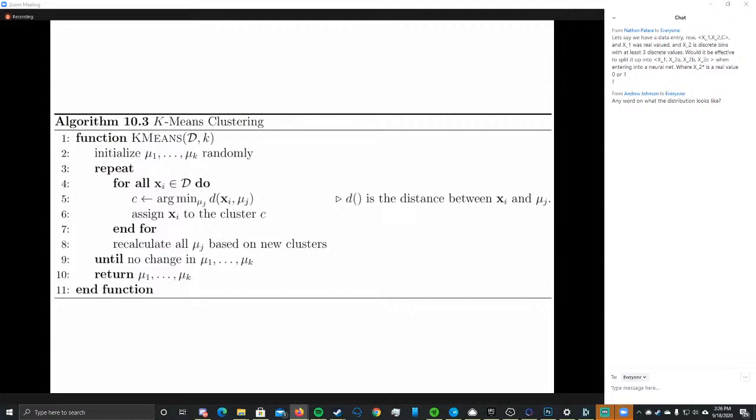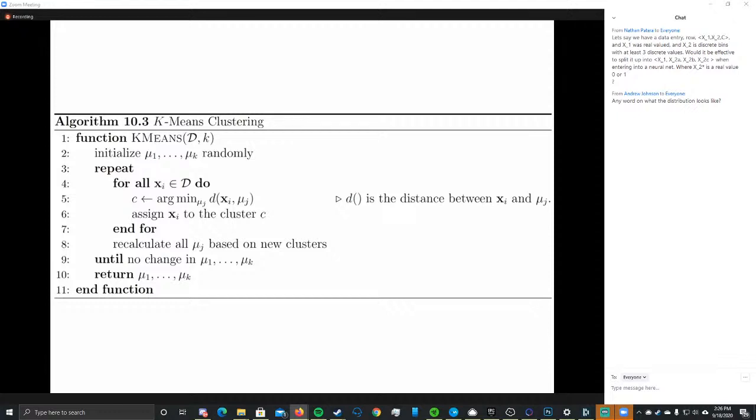We enter this outer repeat loop, which is basically saying keep going until the clusters don't change. Now, you may find as the algorithm is running that there might be a few data points such that you keep bouncing back and forth between them. And so there are these minor wiggles in the cluster centroids. So you may still want to put a maximum number of iterations on this just to get it to stop. All right, but anyway, you go until you're done.